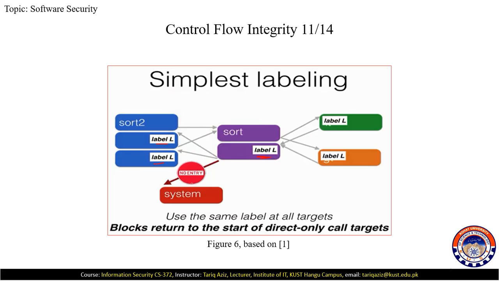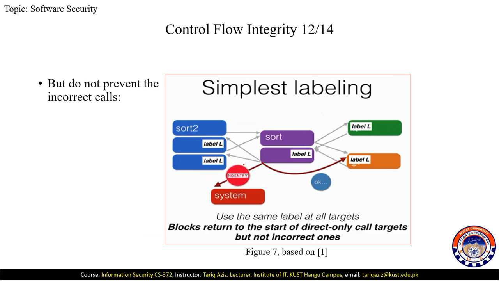If there is a call to the system function, or if the value is returned towards the system, then there will be no entry, it will be blocked. Why? Because in the CFG it is not mentioned that the return value will move on to some other place, like towards the system. That's why, as per the CFG, this call will be blocked. So this is the advantage of CFG. But dear students, with respect to this scenario, it is okay.